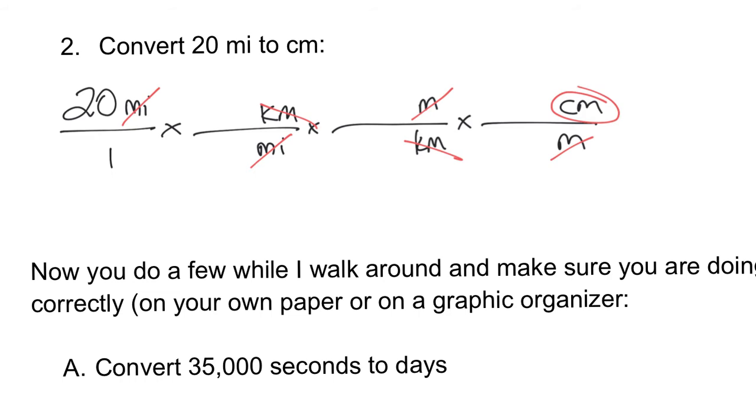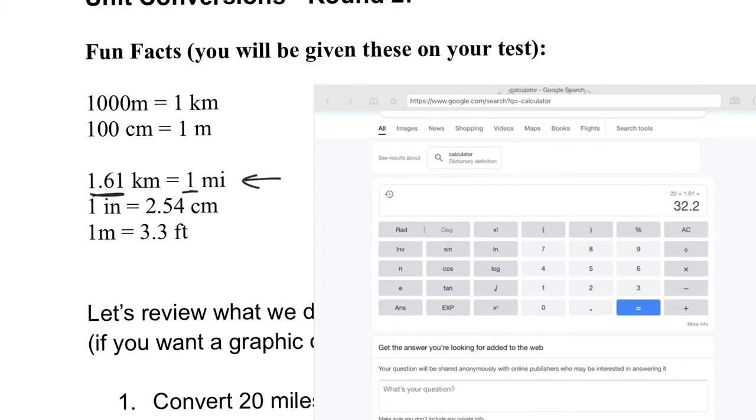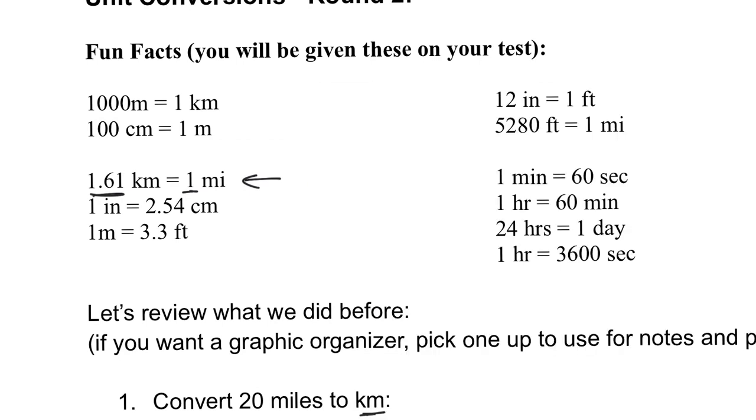All right, what do we know? For kilometers to miles, what do we see? Our kilometers and miles there, okay? Oh no, sorry, this thing is messing up.